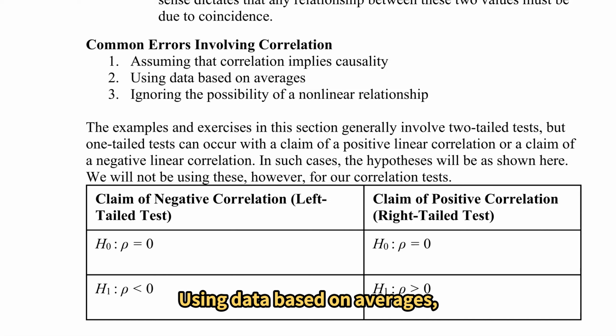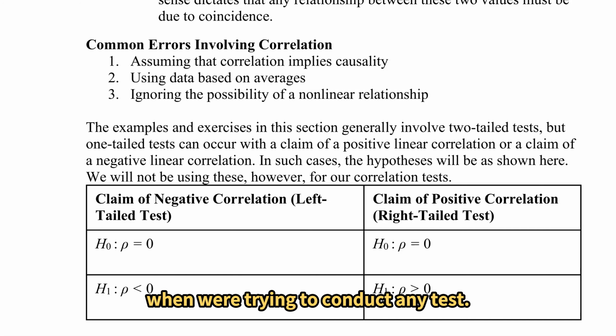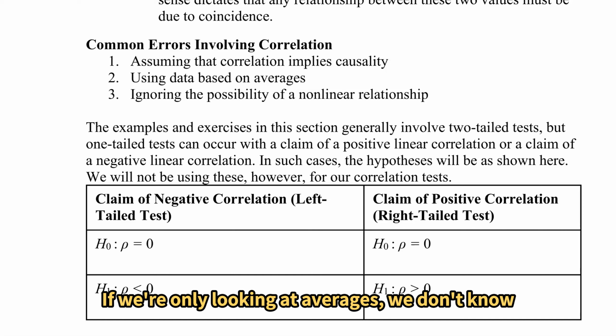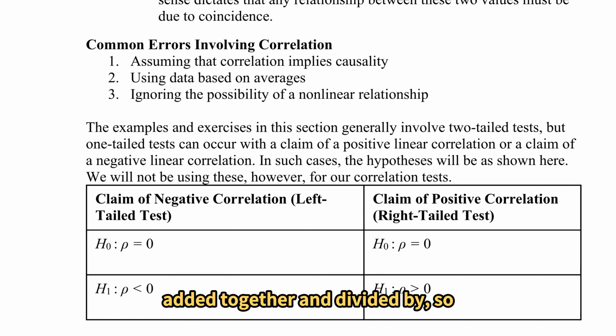Using data based on averages, we never want to use averages as the data when we're trying to conduct any test. If we're only looking at averages, we don't know what the number of values that were added together and divided by.